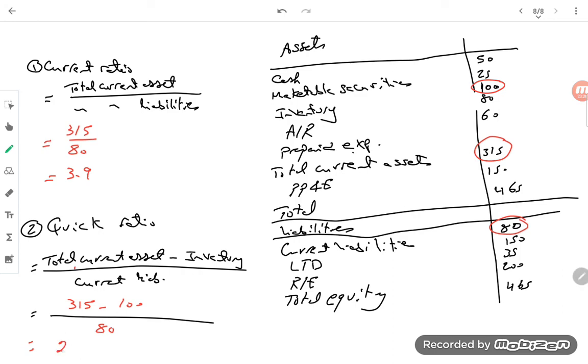It will be 2.69. So this is the quick ratio.